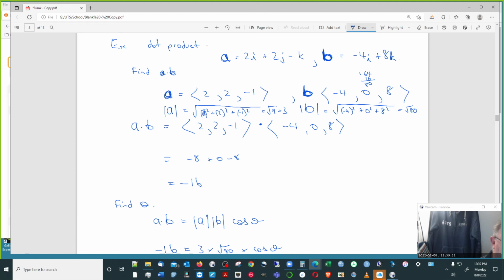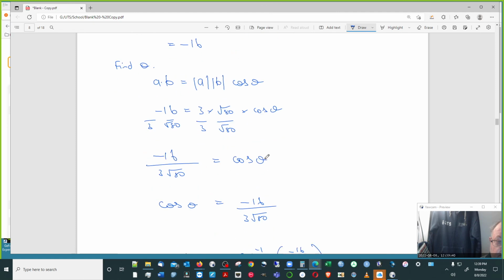I think I've missed something. Yeah. Putting through the same working, I got 127 degrees. I might have just missed a step. So here I've divided by 3 both sides and divided by root 80 both sides. So I've got minus 16 over 3 root 80.